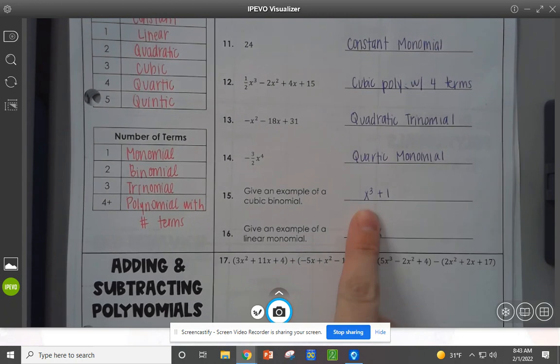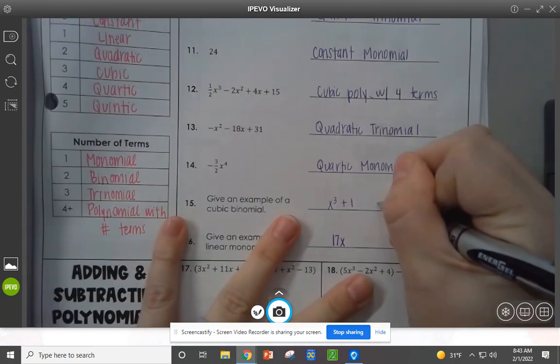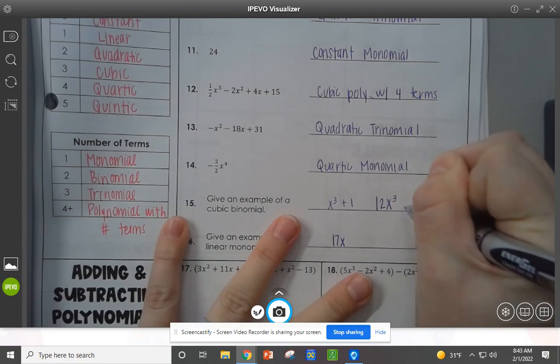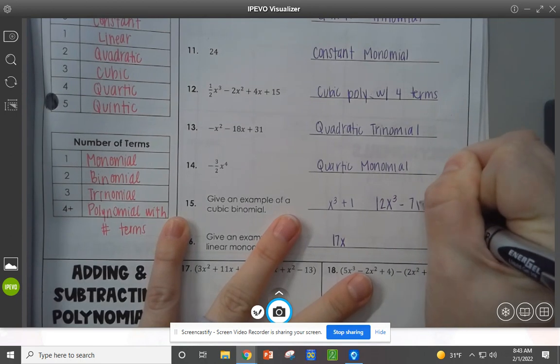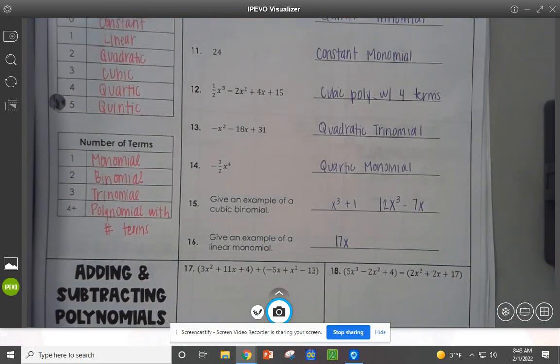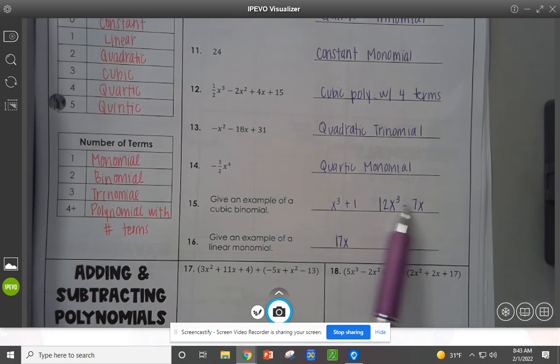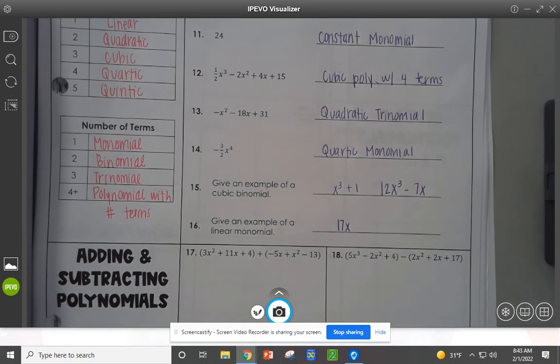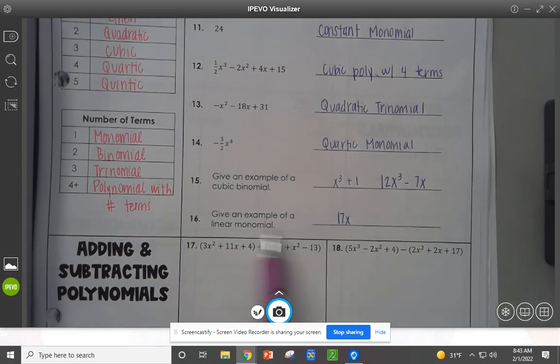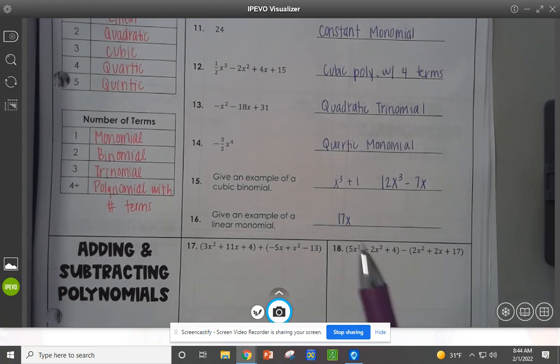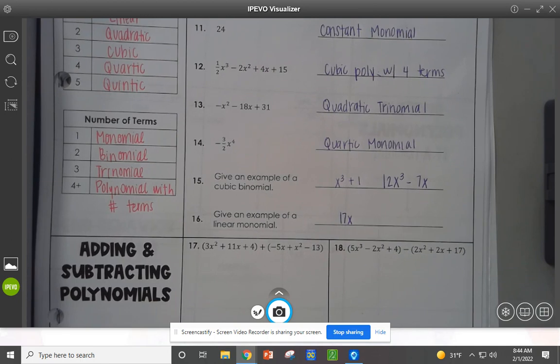You had to have two terms, and your exponent could not be bigger than 3. You could have also said 12x cubed minus 7x. That's fine. You could have more than one x as long as your highest exponent was 3. And then number 16, basically you had to have just an x or any number with an x. Can't have a plus or minus anything. Any questions?